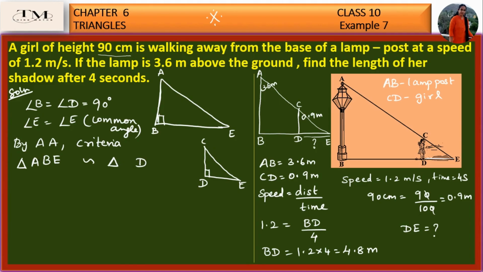For B, the corresponding angle is D and E is common. So DE. Which one is remaining? C. So it is CDE. So this is the way you have to write the name of the triangle.